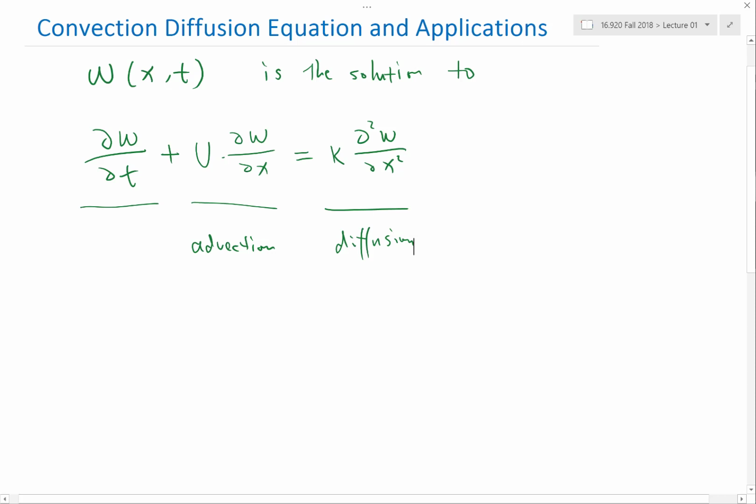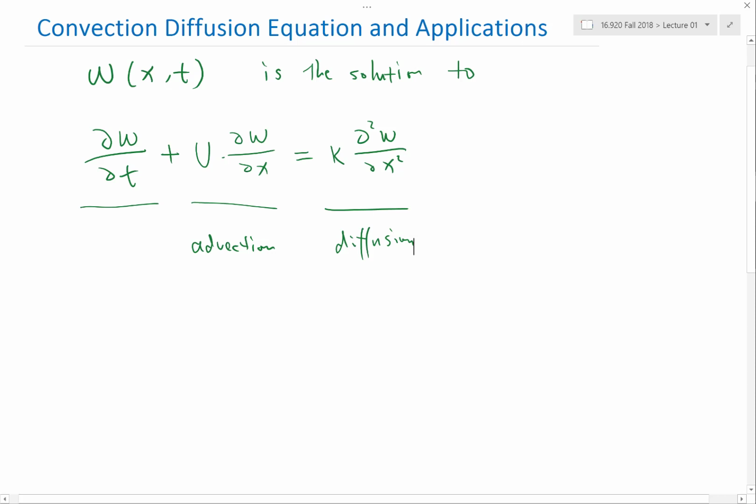Similarly, it can also describe the advection and diffusion of chemical species in chemical engineering. Of course you would actually have a reaction term appended to the right-hand side of the equation. But in the absence of reaction, the diffusion of the concentration of a particular species is going to satisfy a very similar equation.